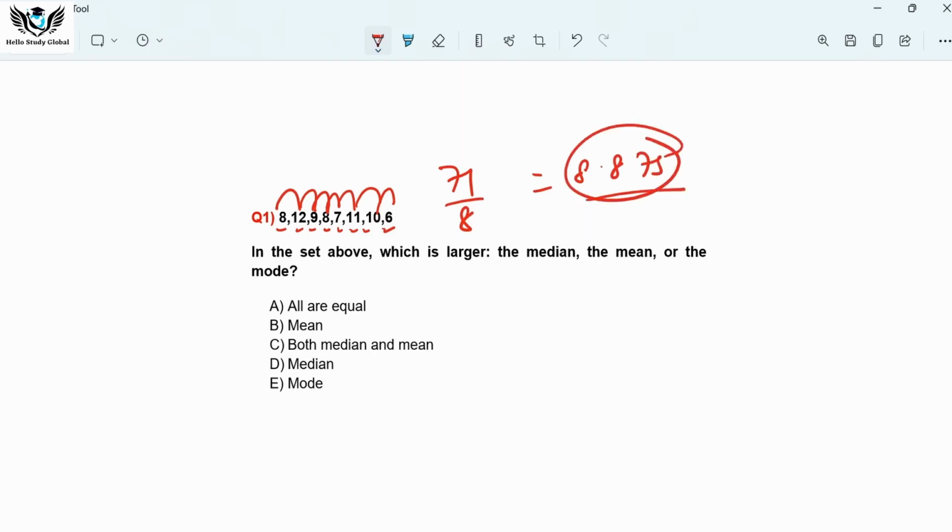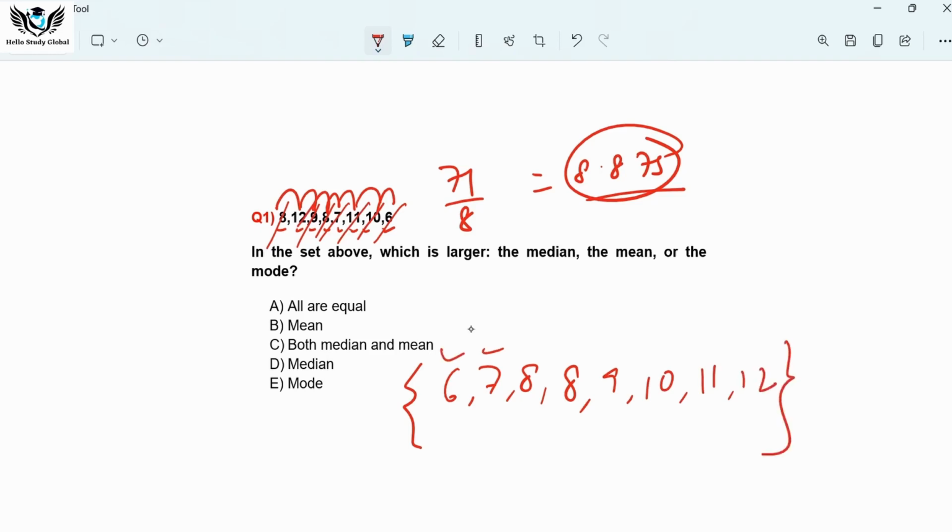And now in order to calculate the median, we need to arrange these terms in increasing order. So let's start with the smallest. Smallest is 6. So 6, and then we have 7, and then 8, then 8, then 9, then 10, then 11, then 12.